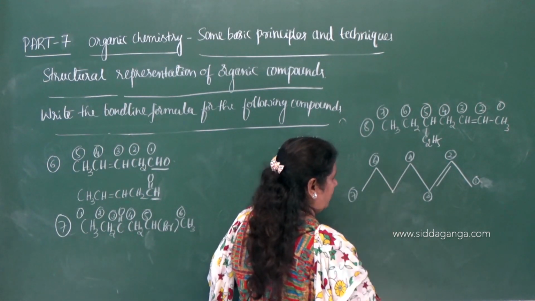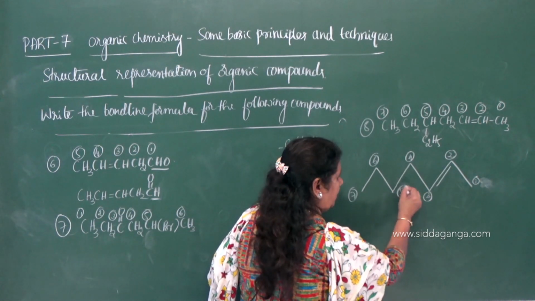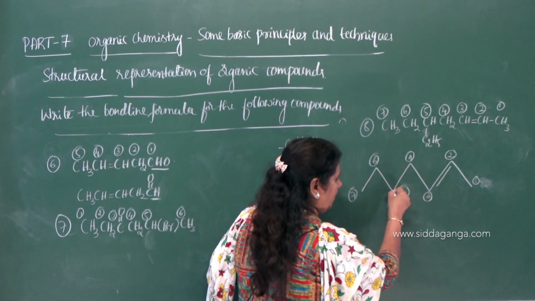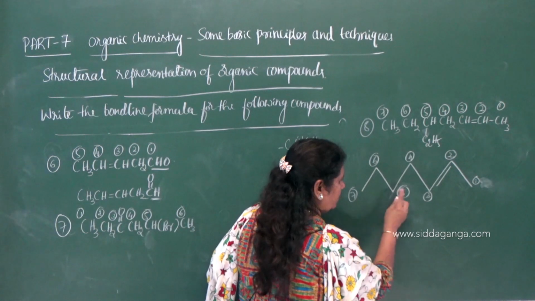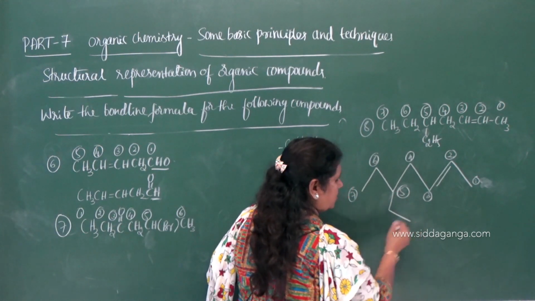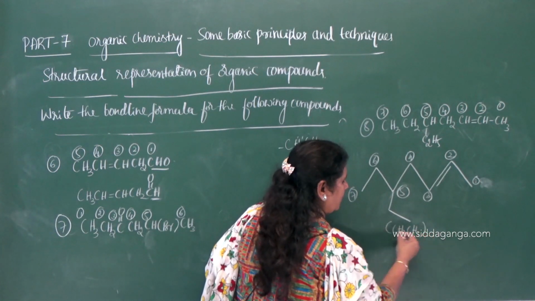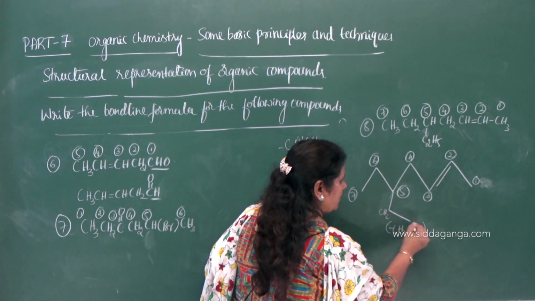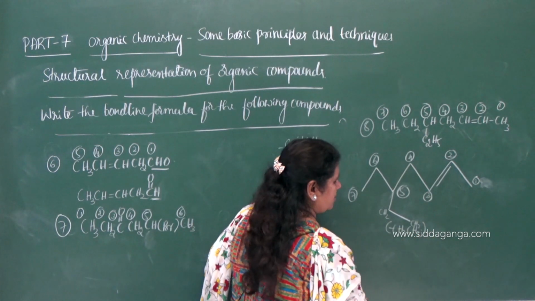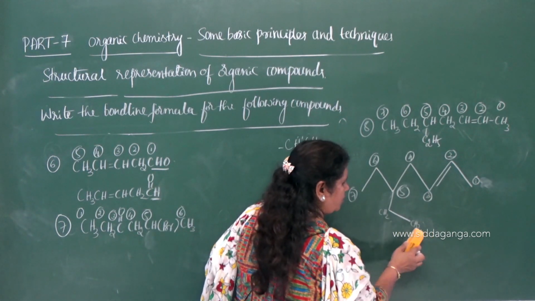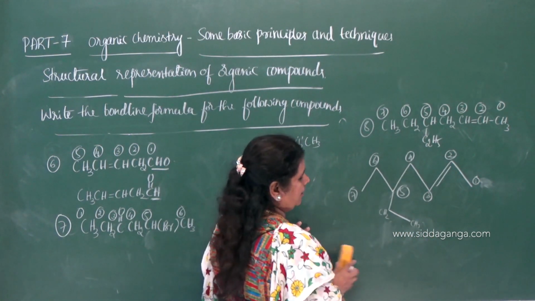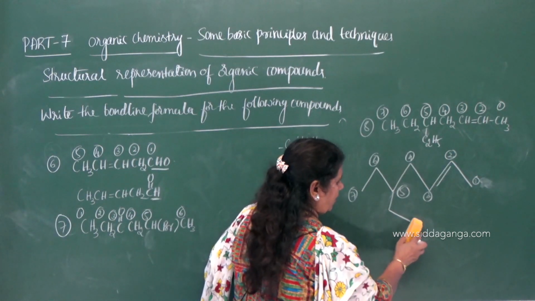In a bond line formula, how to represent an ethyl group? It should be bonded to the main chain. This is CH2, CH3. So this is the bond line formula to represent the ethyl group. So this you can write.